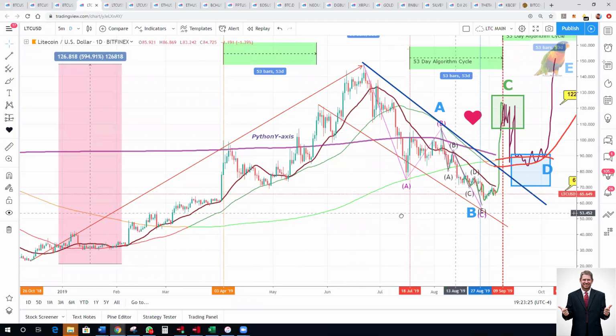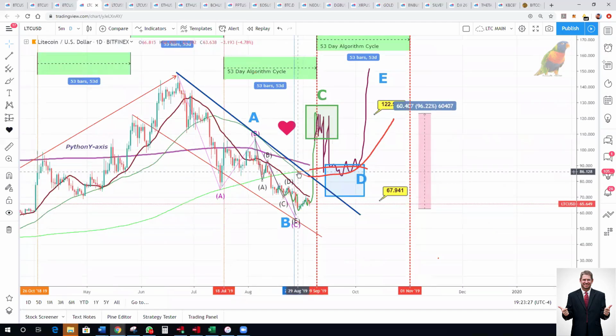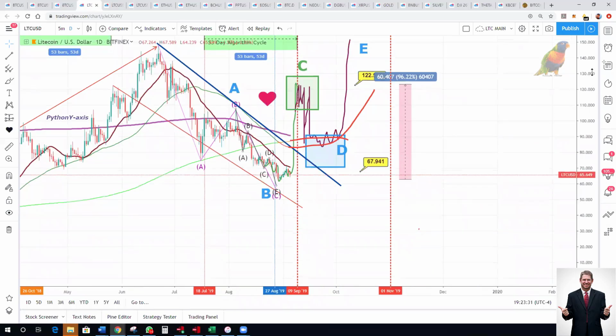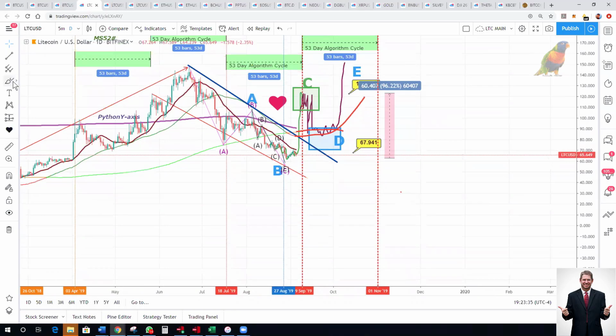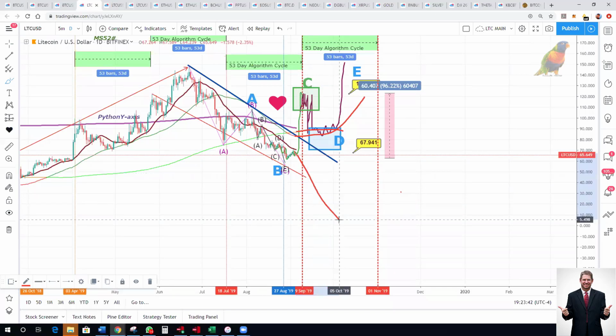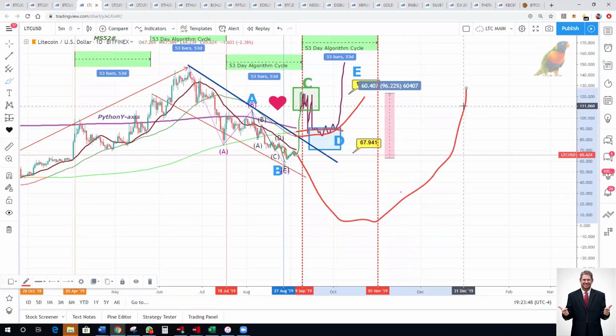Now follow that green line and you'll see they are crossing, and that green line is actually crossing downwards, and therefore many analysts all around the world are saying that Litecoin is going to go to around $20. There are even people that say it can go to around $5 before it then moves upwards.